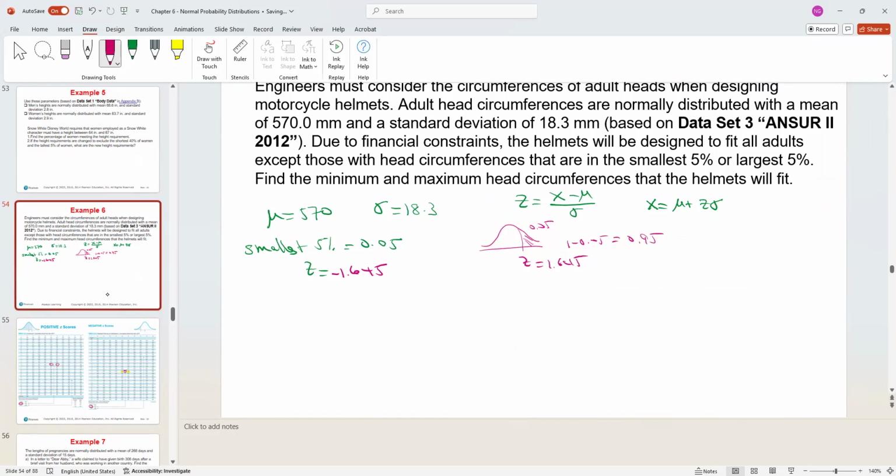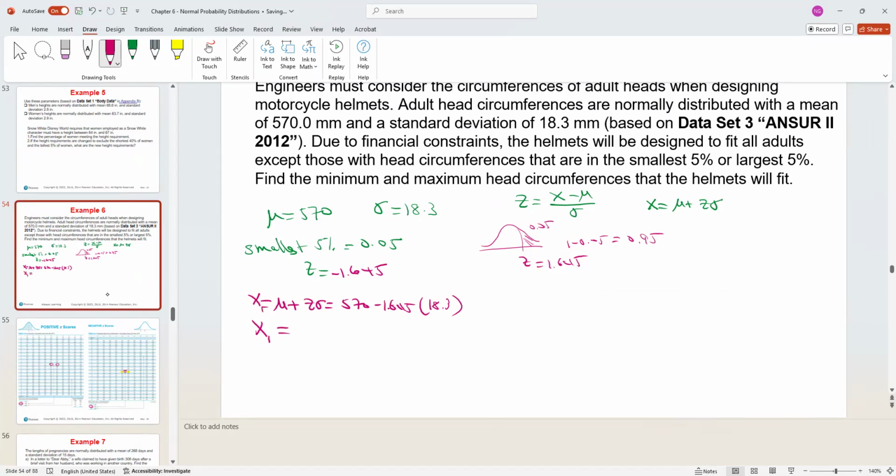Okay, now that you know both of them, you know the z. So x here equals the mean plus z sigma, meaning the mean 570 minus 1.645 times 18.3. I'm going to call it x1.